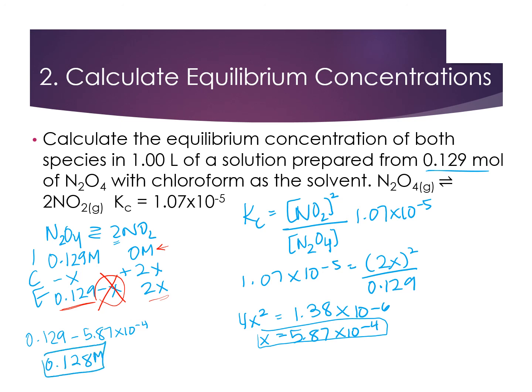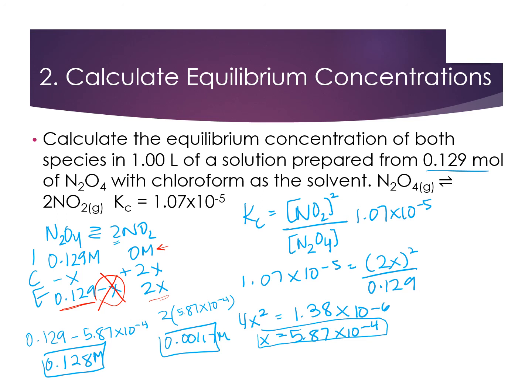So that's why ignoring that X was allowed, because the change is so insignificant. So then my concentration of NO2 is 0.00117.